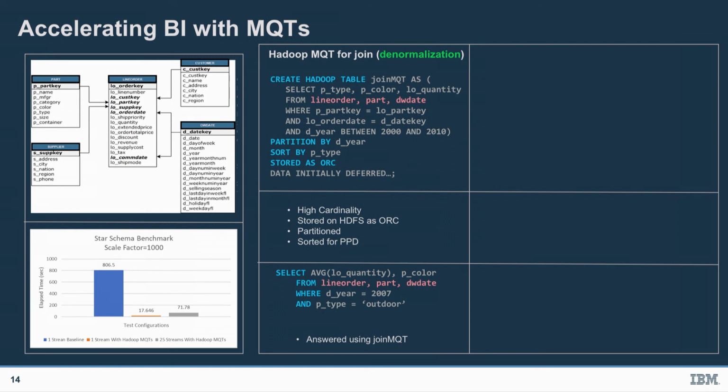And a nice thing about it is that we leverage, as you can see in the 3 lines in blue at the bottom of the create table, all the integration with Hive features. The materialized view can be partitioned like a Hive table. It is a Hive table. You can store it as ORC, which is the high performance columnar format on Hadoop.